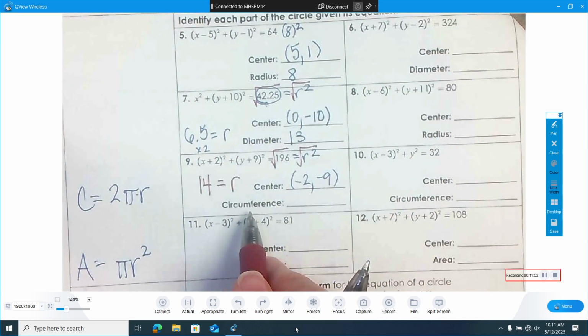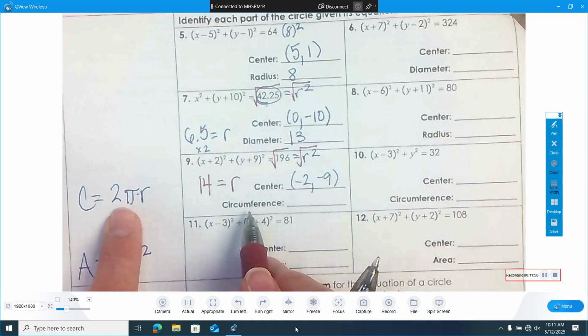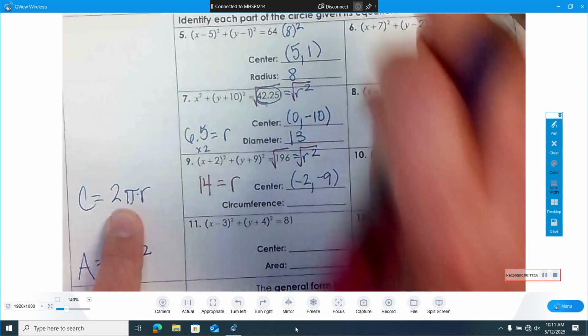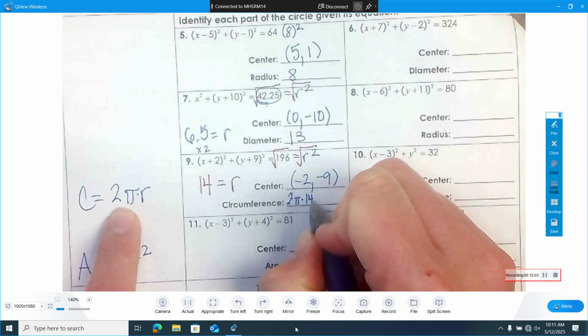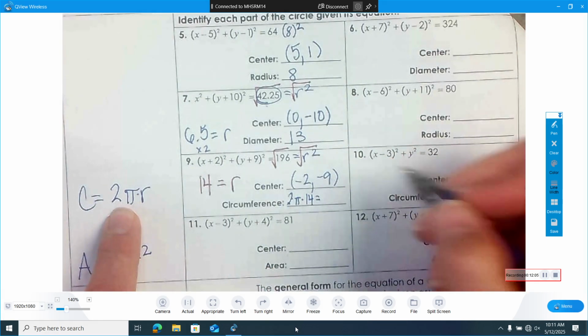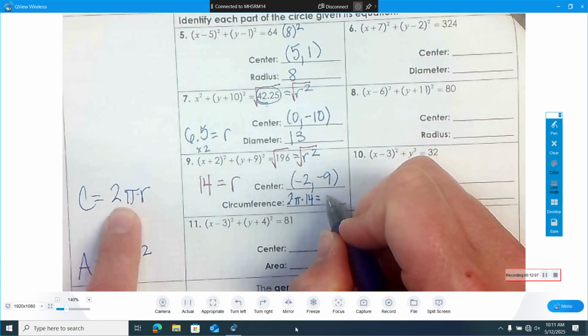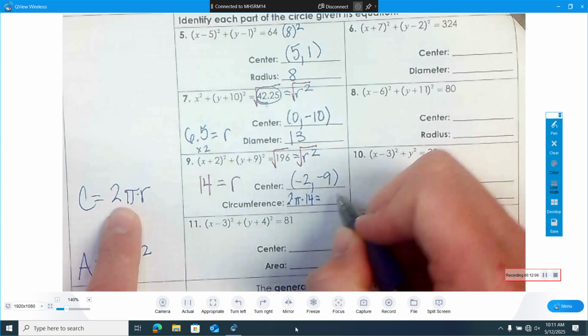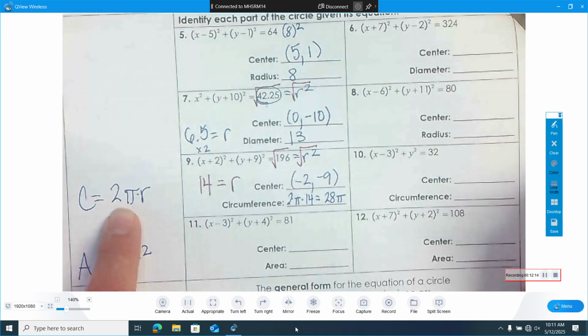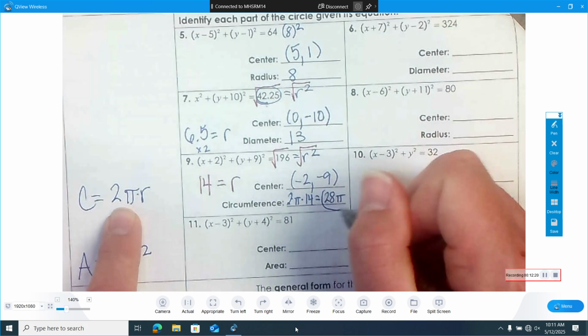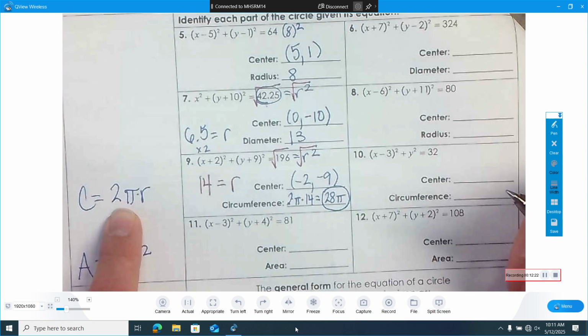And so now if we want circumference, what do we need to do? 2 times pi times 14 equals? 28 pi. Is it okay to just say 28 pi? That is perfect. And we could approximate it if we wanted to.